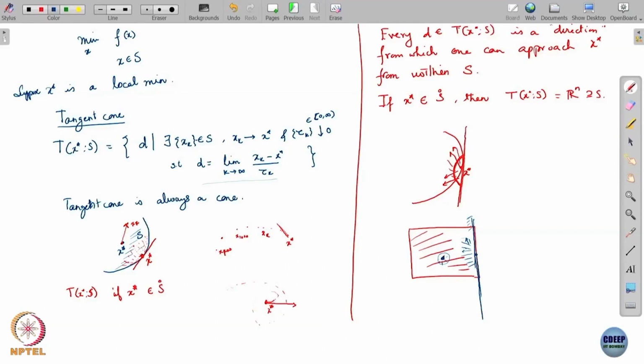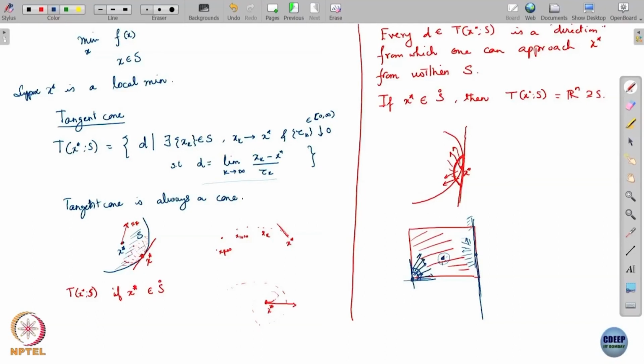Now what if I am here at this corner? Then the tangent cone would be this particular cone here.